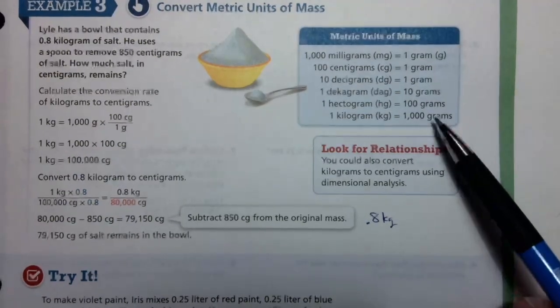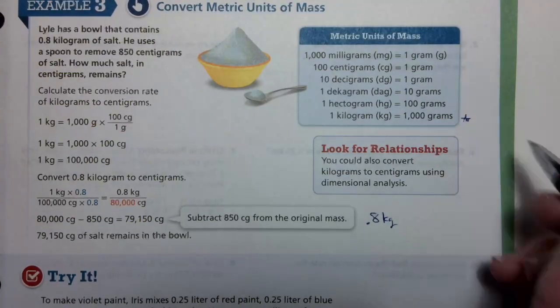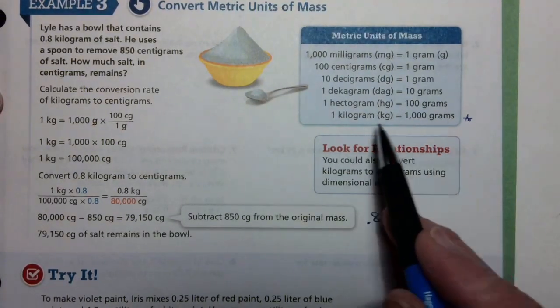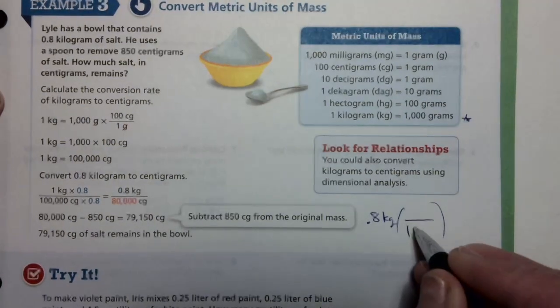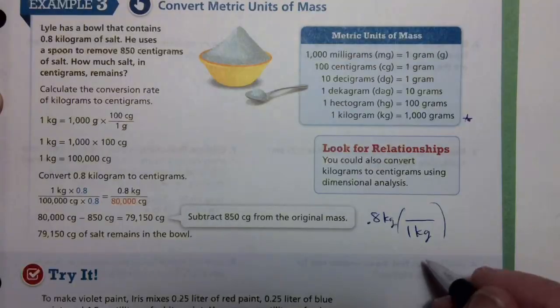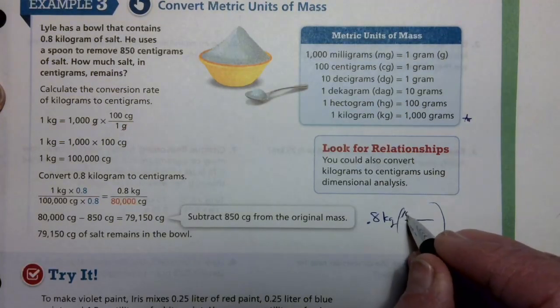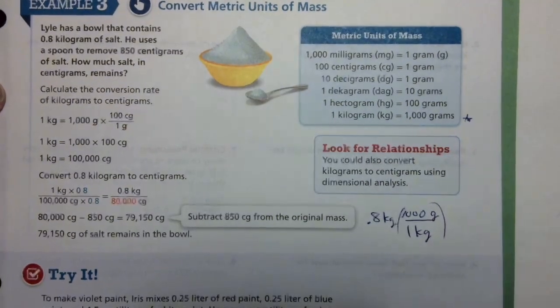Kilograms goes to grams, and that's one I have memorized. I know there's 1,000 of the smaller ones in the one bigger one. Kilo's always big. In the one big one, there's 1,000 of the smaller ones. And that gets me to grams.